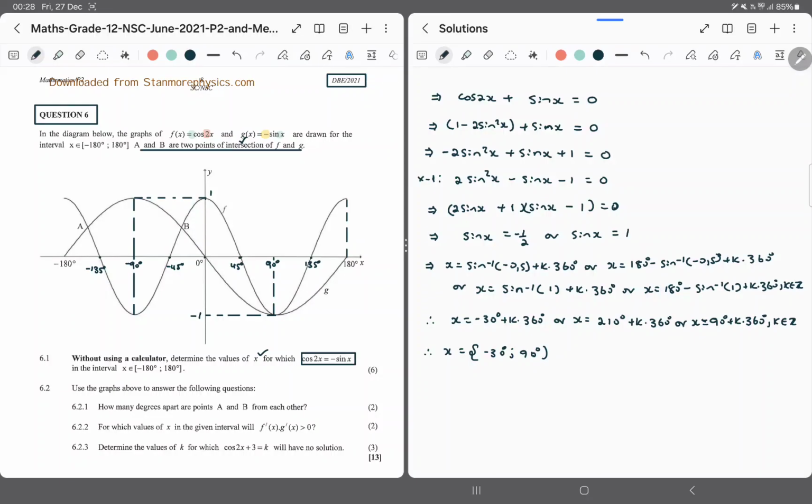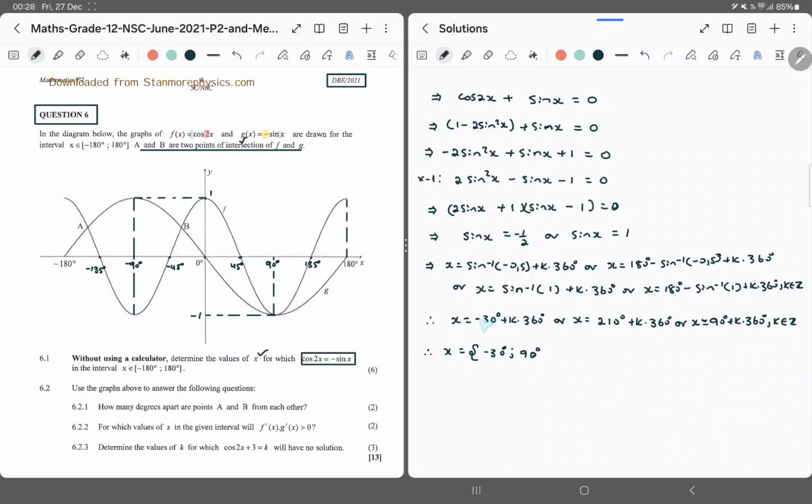Now let's see what happens when, say, k is 1. So when k is 1, this is 360 minus 30, that is 330, that's outside the domain. When k is 1, it's outside the domain, so k cannot be 1. So we cannot continue on the positive integers. We go to minus 1.